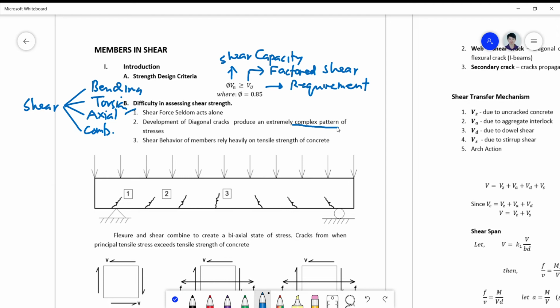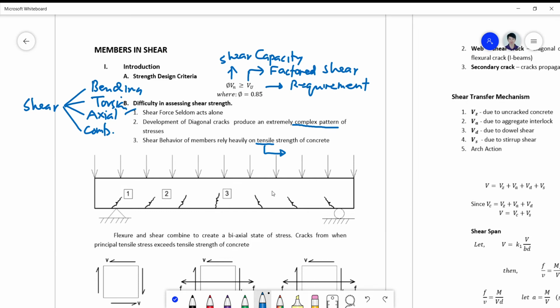So the third one is that shear behavior relies heavily on the tensile strength of concrete, and tension is also a very hard parameter to assess, since it varies mainly from your compressive strength, which is also heterogeneous in terms of its value from one point to another along the beam.